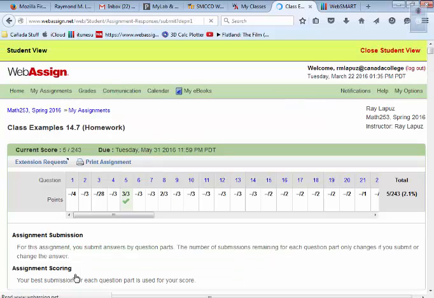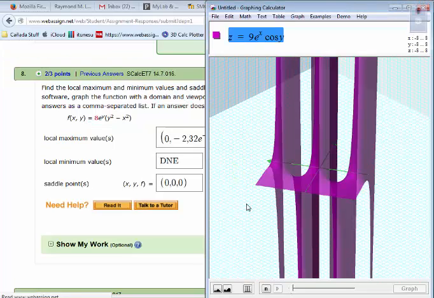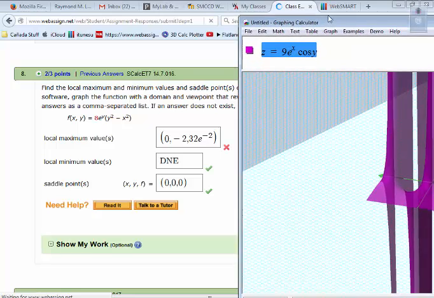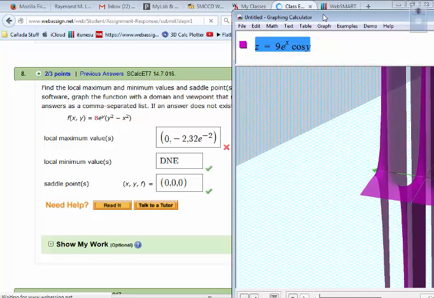Well, while it's thinking, let's see if we can put in our function. Let's graph it.